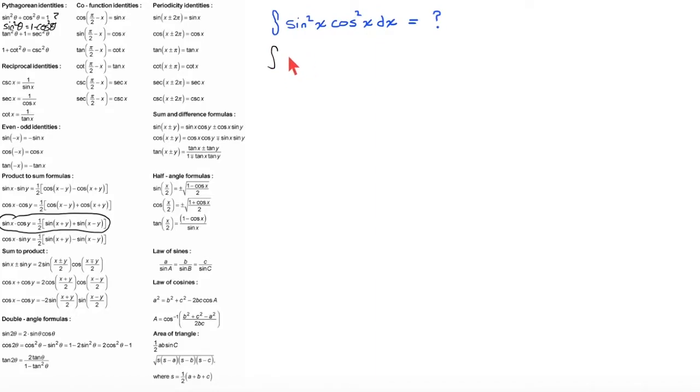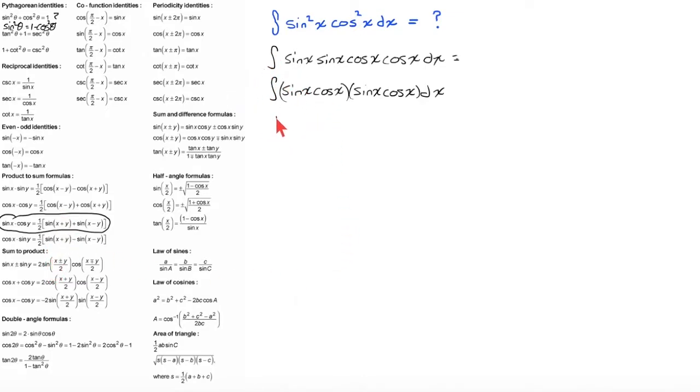Maybe I could call this the integral of sine of x, cosine of x, times sine of x, cosine of x. Well, that would match the formula set forth here: sine of something times cosine of something else is equal to 1/2 such and such.